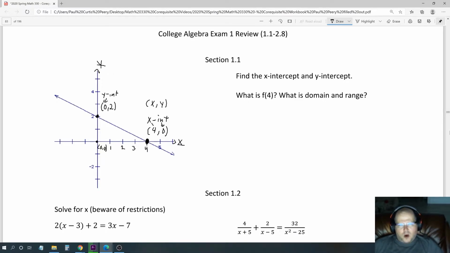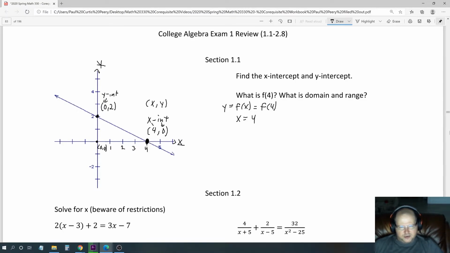Now it says, what is f of 4? The general way to write that would be f of x, right? But instead they're saying f of 4. So what they're really saying is, if x is 4, and what they're really saying there is y.